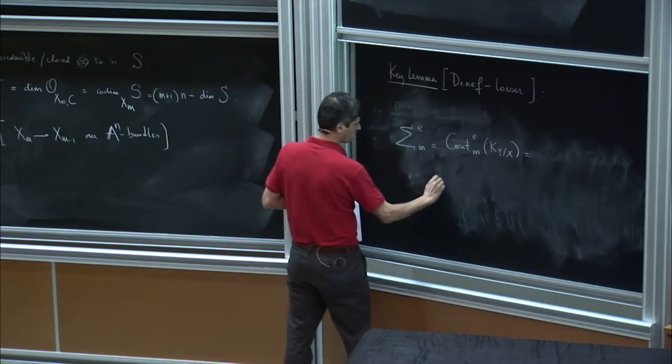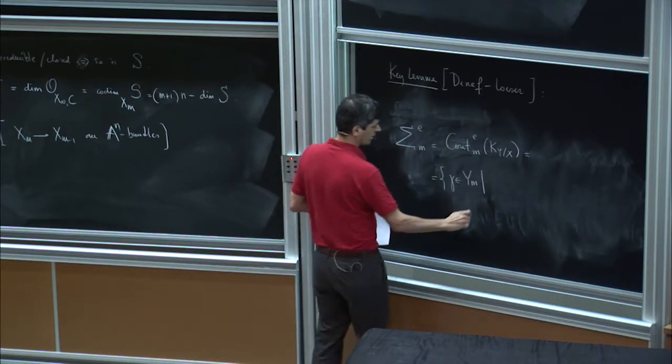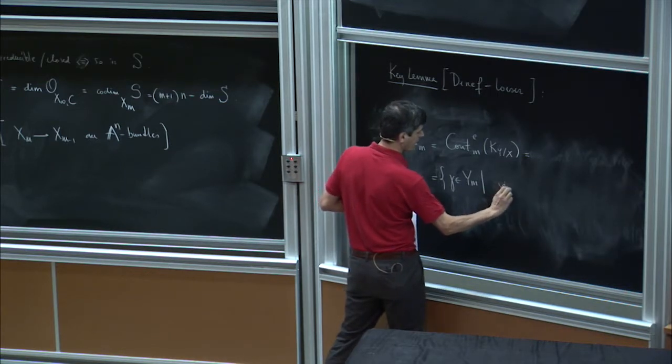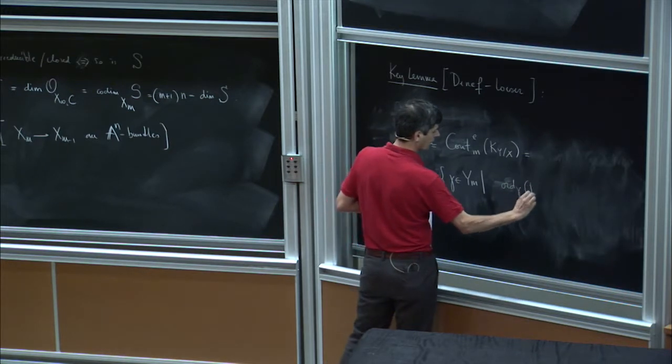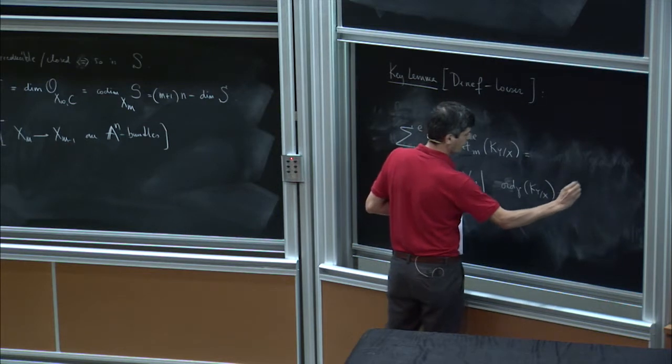So this is all the jets in Y_m such that the order along gamma of K_{Y/X} is actually equal to e.